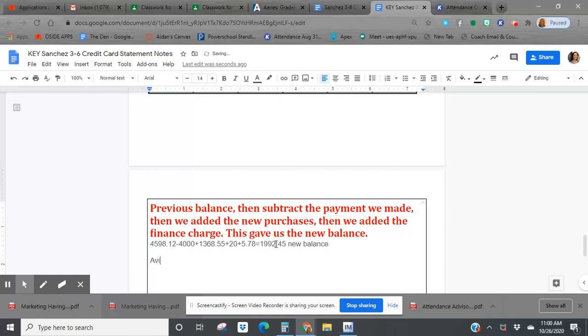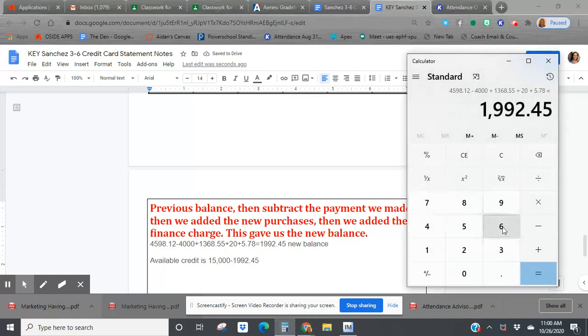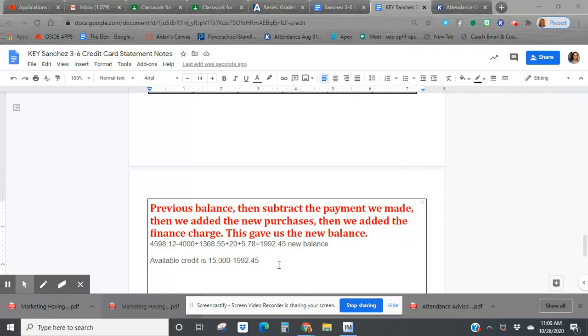So available credit is his 15,000 credit line minus $1,992.45. So he still has $13,007.55.